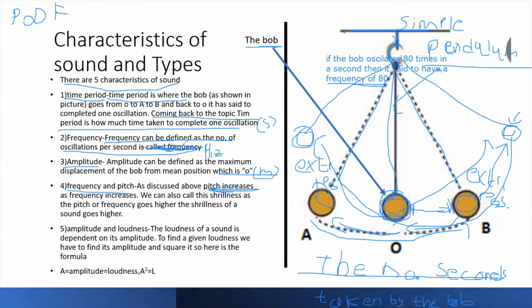Also, I forgot to mention, frequency can be found out by 1 over T, where T is the time period. As frequency increases, pitch increases. So we can put an arrow mark like that.